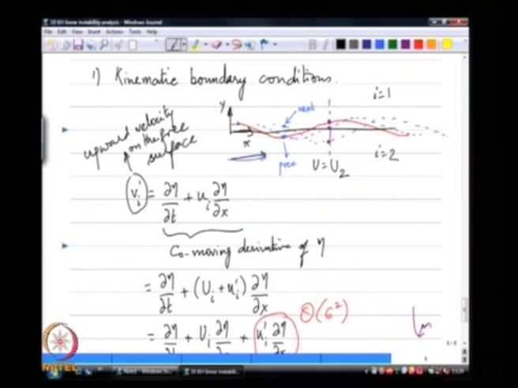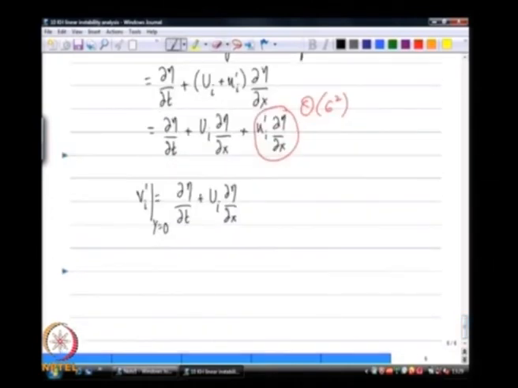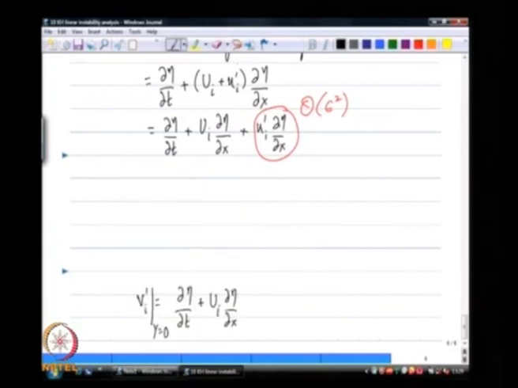If I was to represent that mathematically, V I at y equal to eta.